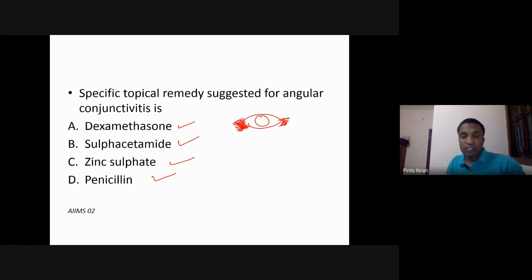Whenever there is excoriation, that can form an ulcer. To prevent that, we give something known as zinc ointment and also vitamin A ointment. These are important treatment remedies in the case of angular conjunctivitis. So the option here is zinc sulfate.